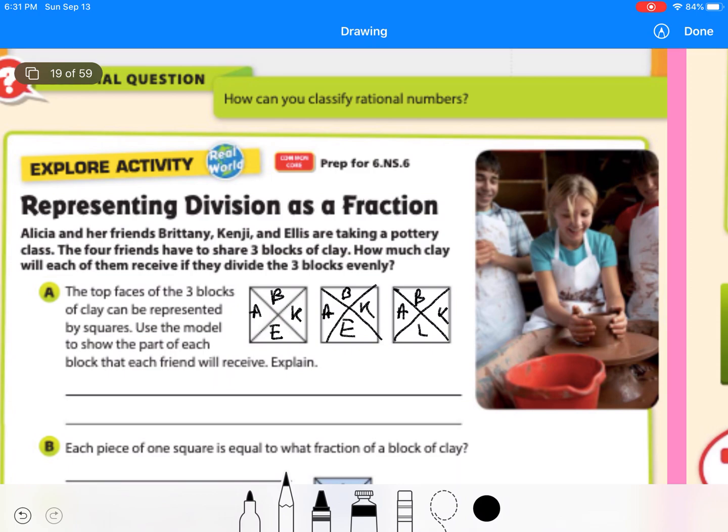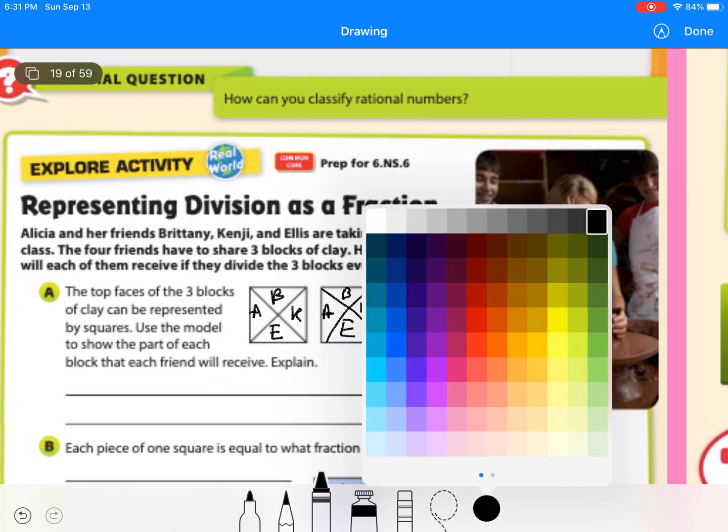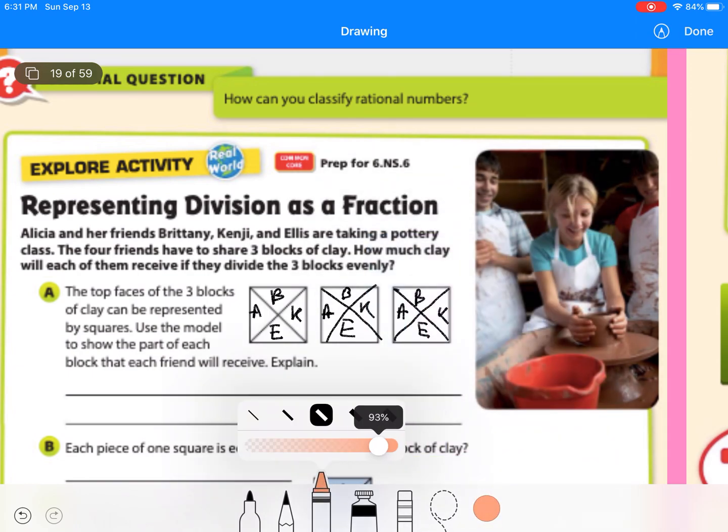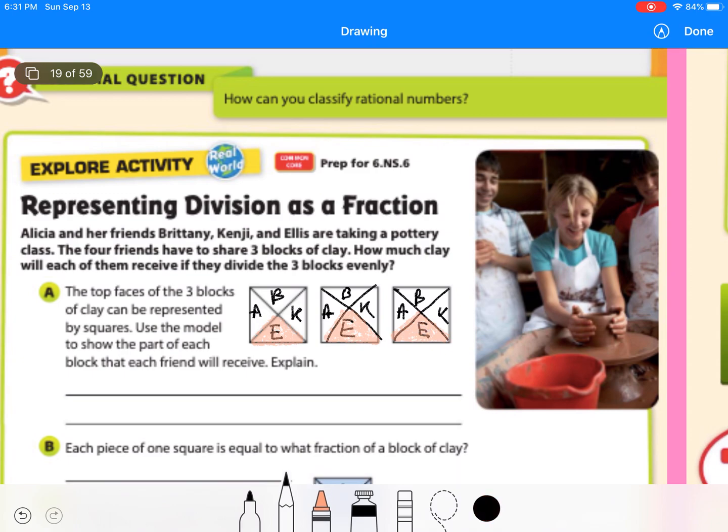So by having 3 blocks, it might have been weird because not everyone gets 1 full block. But how many parts of a block do they get? So if I make this a little bit opaque, of the total of each block, how many does Ellis get?